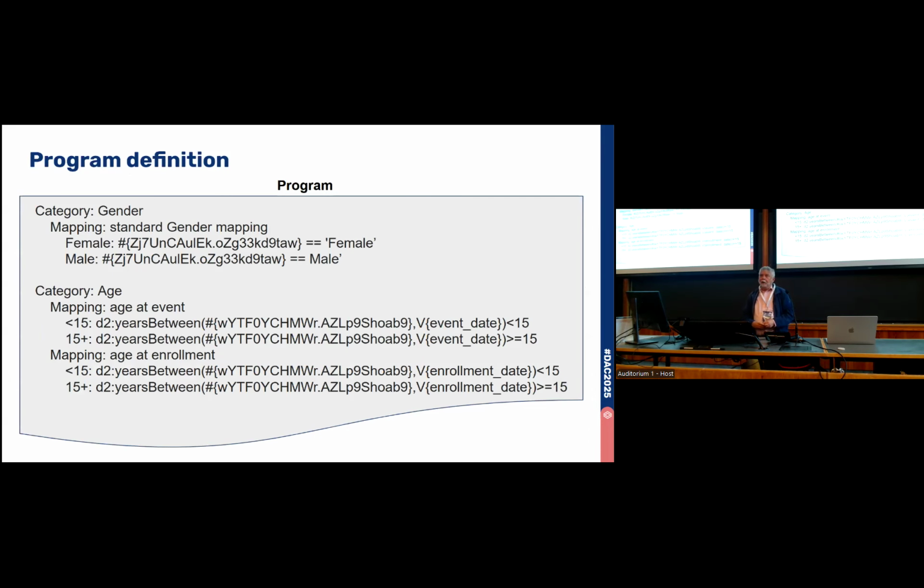So within the program, this is new metadata that you have in version 42. You can define which categories your program indicators may want to disaggregate. So for example, they may want to disaggregate the gender category. You define a mapping for that and say female, this is the filter expression, male, this is the filter expression.